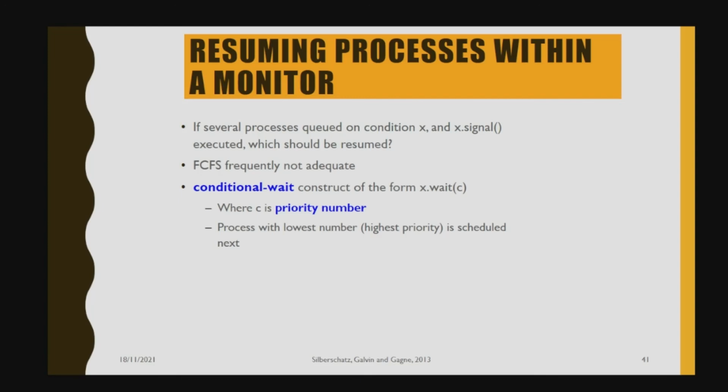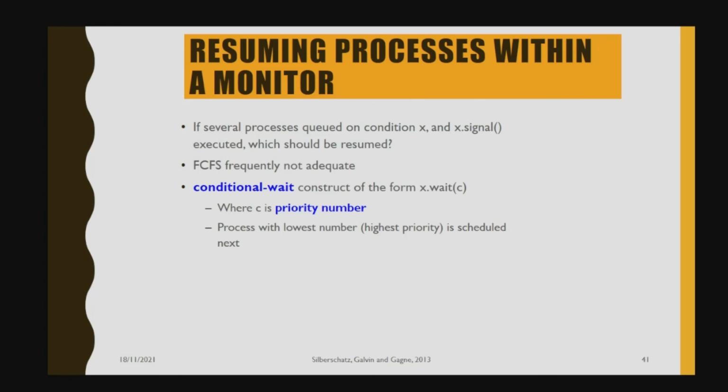Okay, first come first serve is frequently not adequate. So we have the conditional wait construct of the form x.wait(c). So c refers to the conditional wait, where c is a priority number, so the process with the lowest number, meaning highest priority, is scheduled next. Based on this part, we don't use FCFS, but we use the priority.